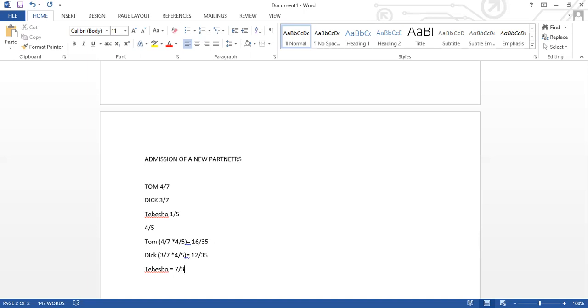We had to convert 1/5 to 7/35 to make sure that the denominators are the same.